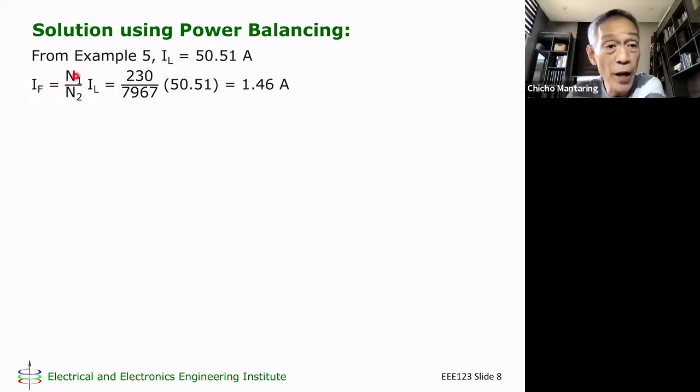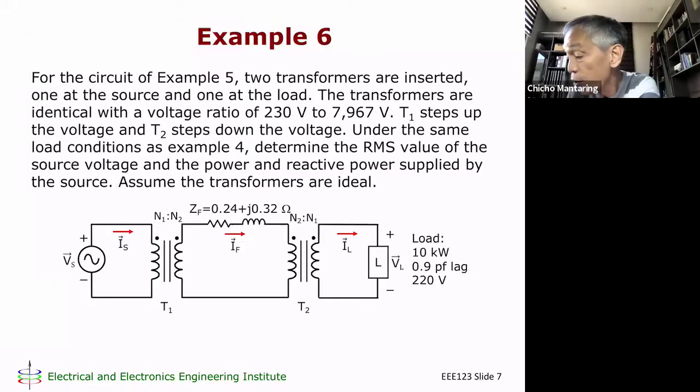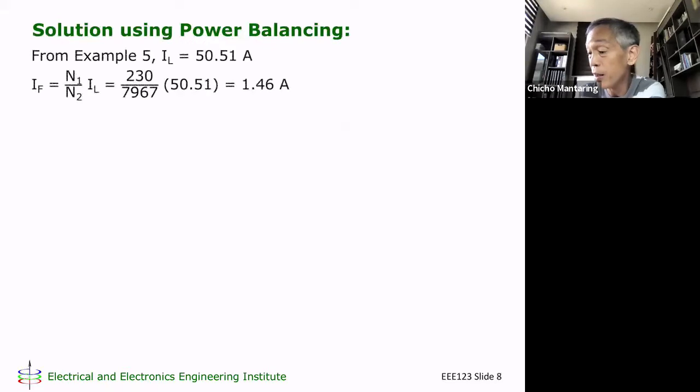I of F is equal to N1 over N2 times I of L. That is just from the current relationship in a transformer. So I'm going to compute I of F, and that's now 1.46 amperes. Without the transformer, the feeder line current would have been 50.51, but because of the transformer, the feeder line current is now just 1.46 amperes.